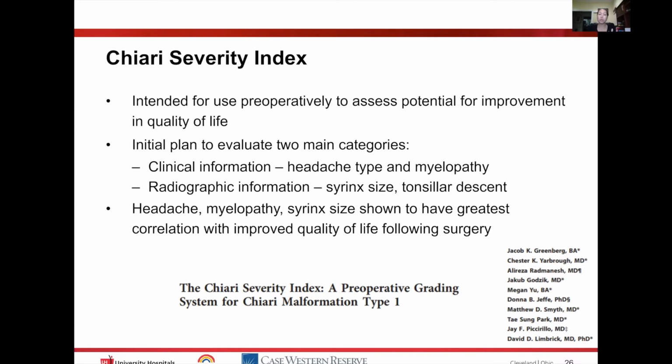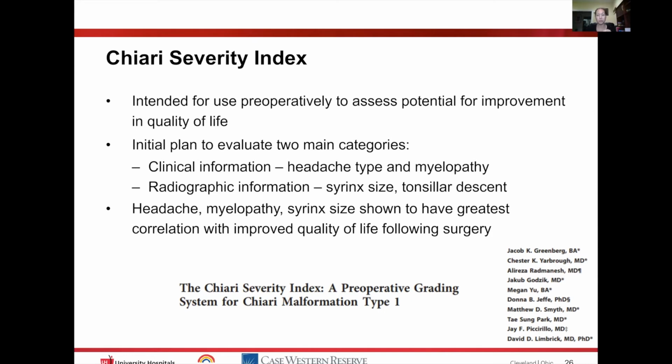They wanted to look at the clinical information, which was predominantly the headache and myelopathy, but also the radiographic information, so the level of tonsillar descent and the size of the syrinx. When they looked at all that, the headache, myelopathy, and the syrinx size had the greatest correlation with the quality of life following surgery.